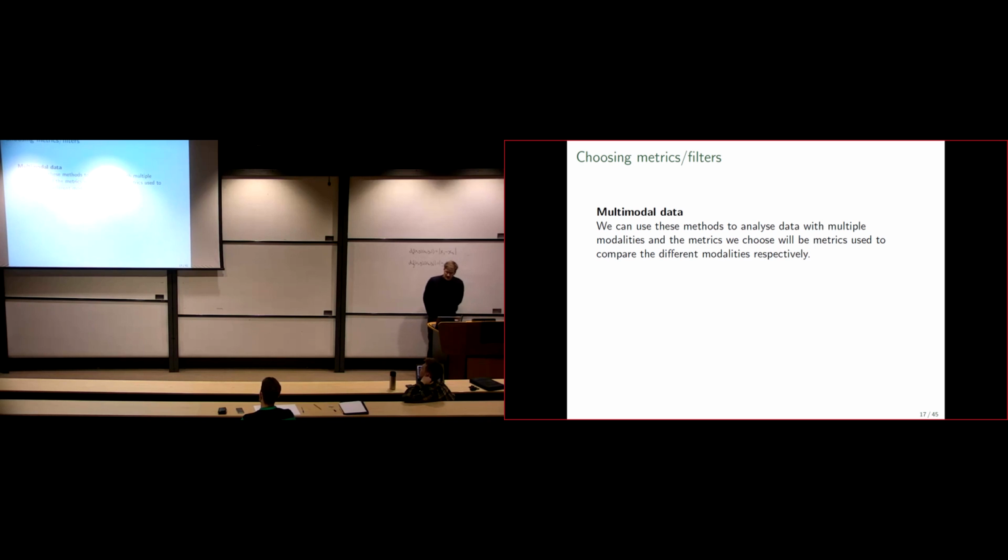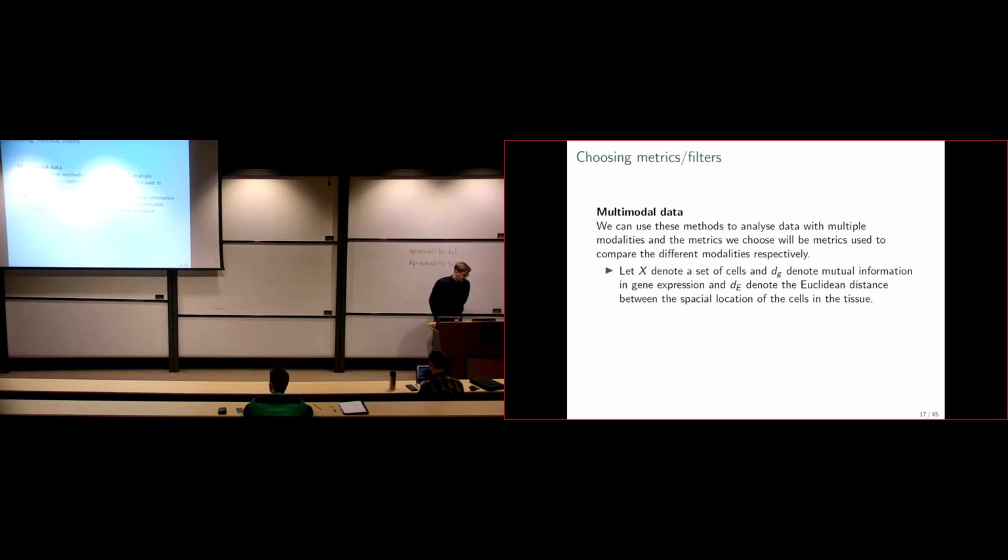Another example is multi-modal data. This construction allows you to combine different types of data because we combine different metrics and their information. So it allows a joint representation of multimodal data that you can study.